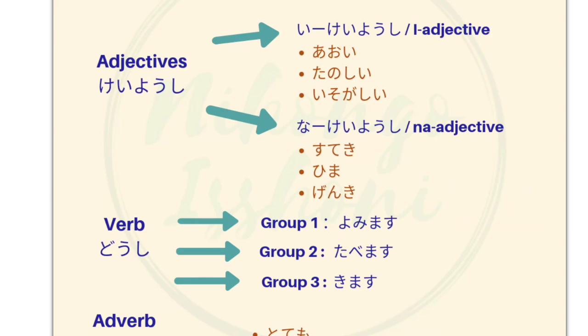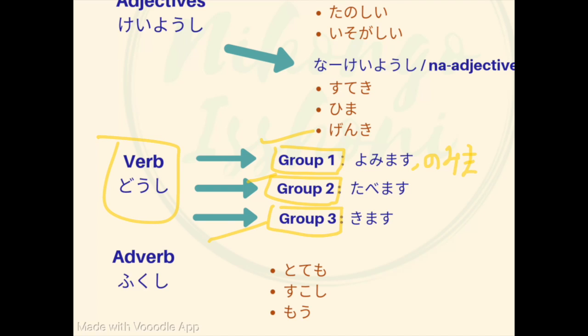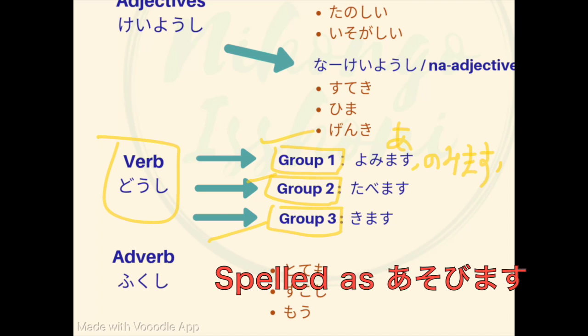Now the third one is verb, or doshi. We have three groups of verbs: group 1, group 2 and group 3. Group 1 verbs are yomimasu, nomimasu, asobimasu. Asobimasu means play, nomimasu means drink.